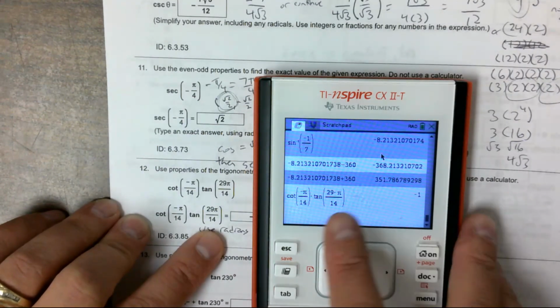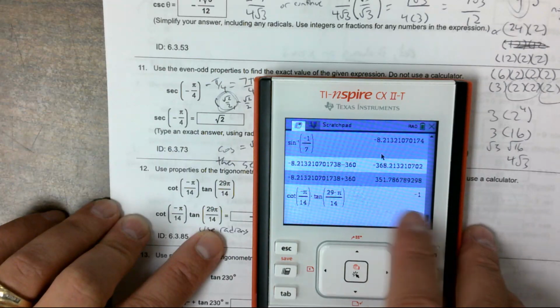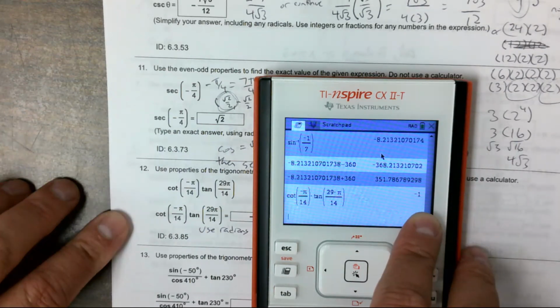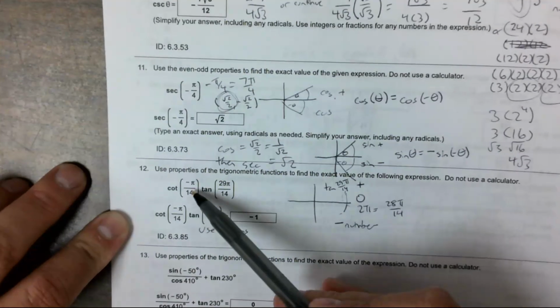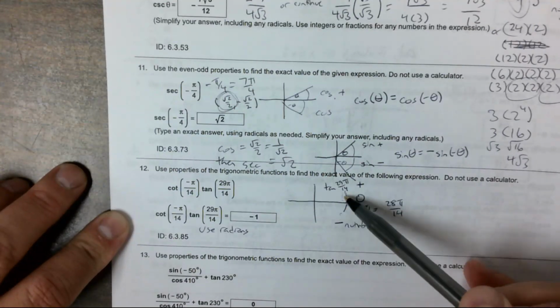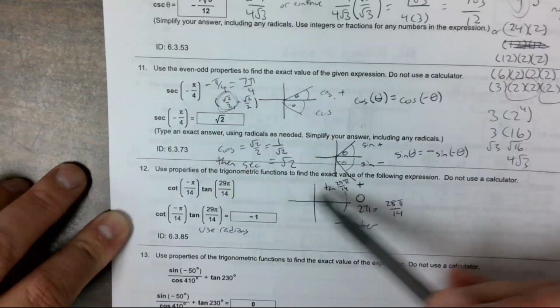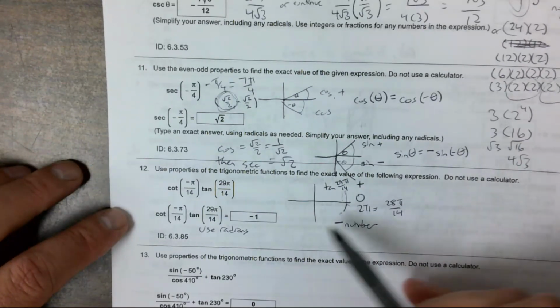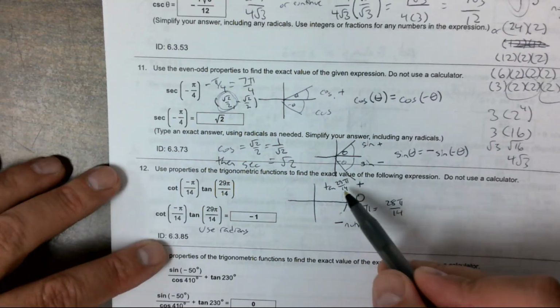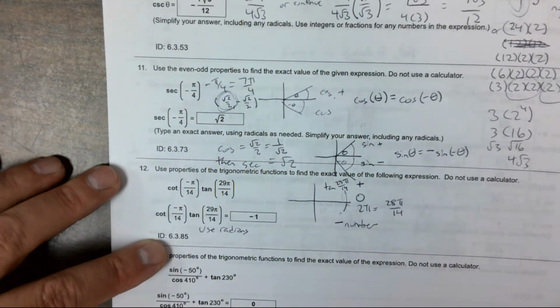So if you use your calculator, that does work out. So basically, this one is below, and this one's above, and we got 1. So it was actually -1 because you have a +1 times a -1.